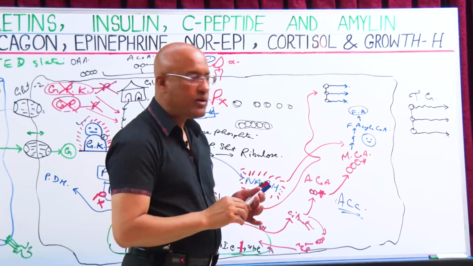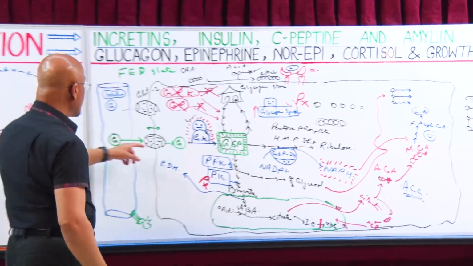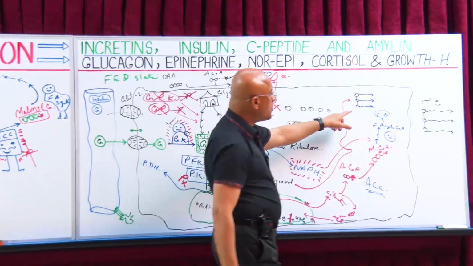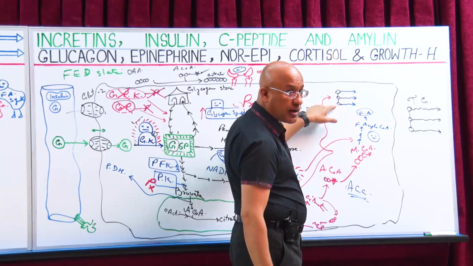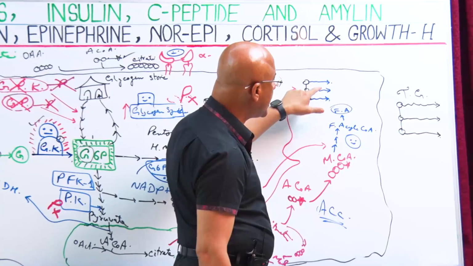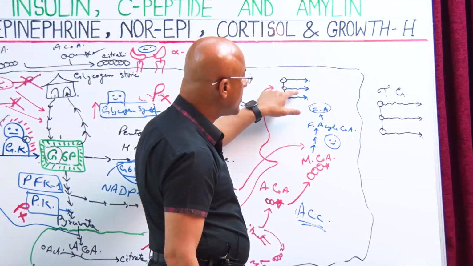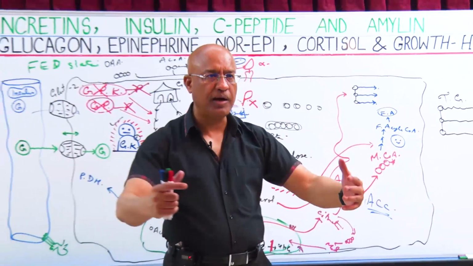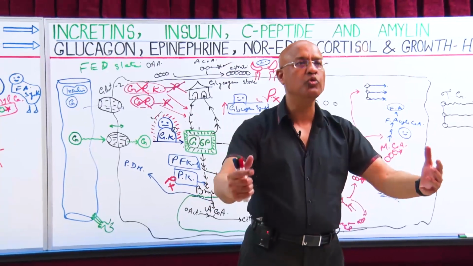In this way, eventually the carbons which were present in the glucose are used to make the glycerol backbone of the triglyceride, and also those carbons eventually were used to make the triacylglycerol. And all this was orchestrated mainly by insulin.